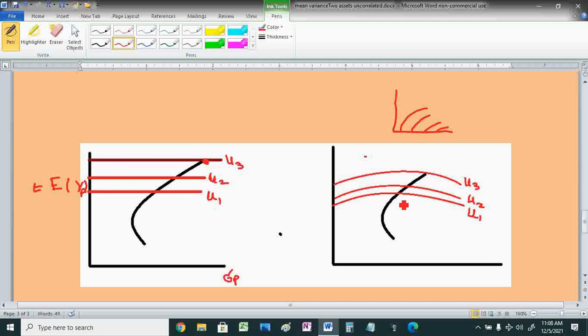We say that he actually likes both of them, risk and return, and so moving from this point to this point, he is willing to accept more risk for higher return, and both these conditions take him to a higher indifference curve.